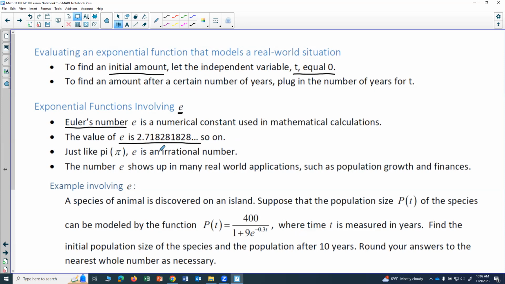Just like pi, e is an irrational number, meaning that the values after the decimal point go on forever with no discernible pattern. The number e shows up in lots of real-world applications, such as population growth and finances.